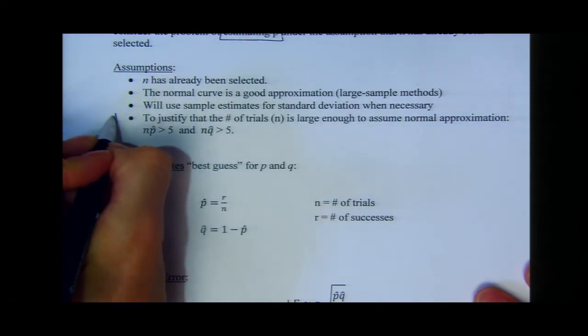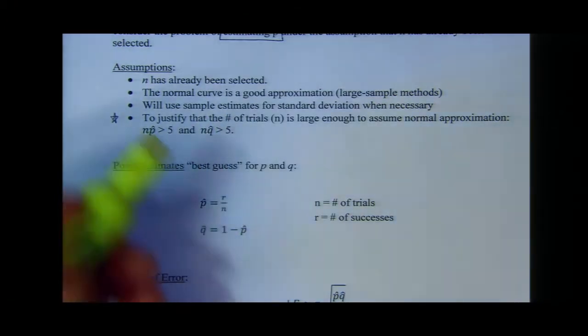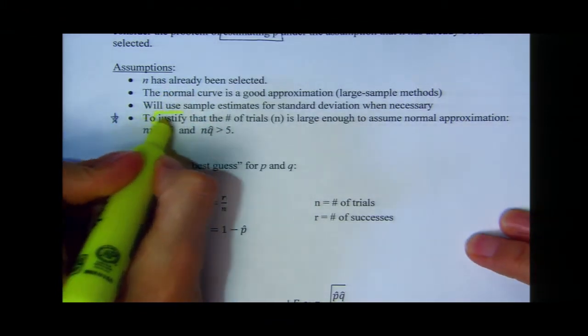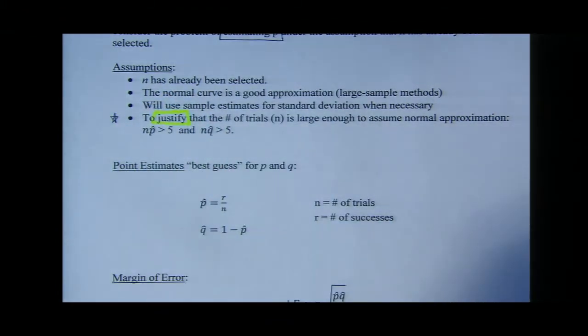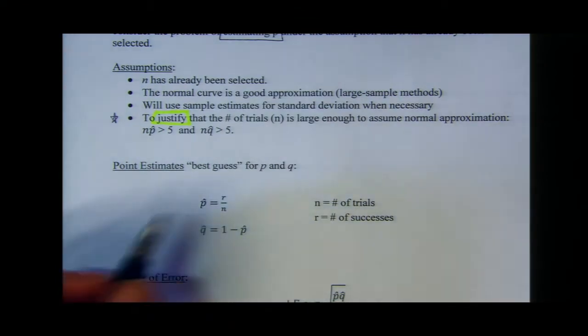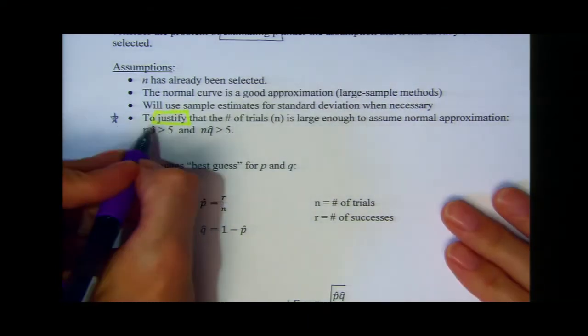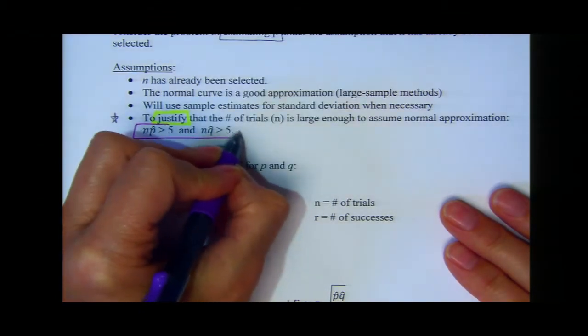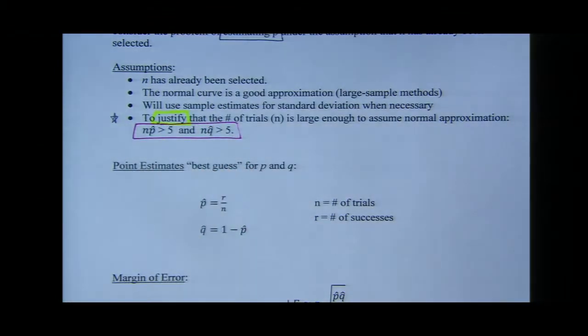Something that is new here is to justify that the number of trials N is large enough to assume normal approximation, then this criteria must be met. N times P hat has to be greater than 5, and N times Q hat has to be greater than 5.